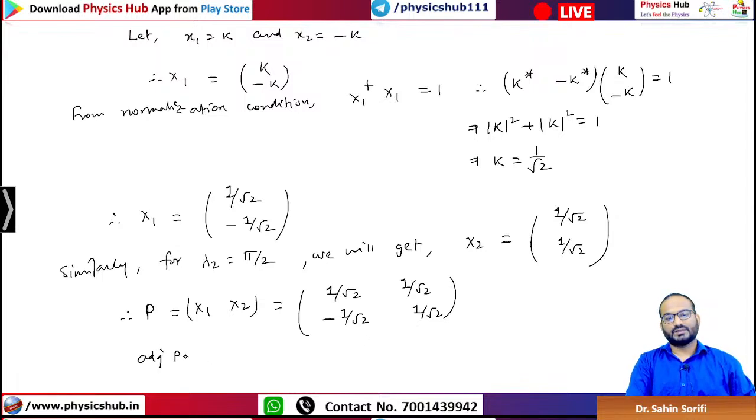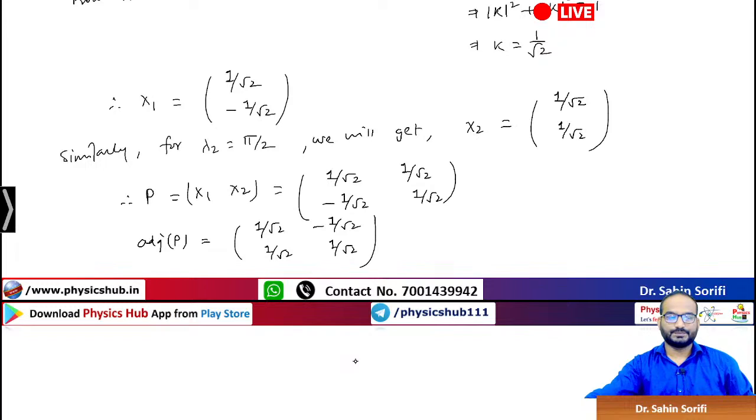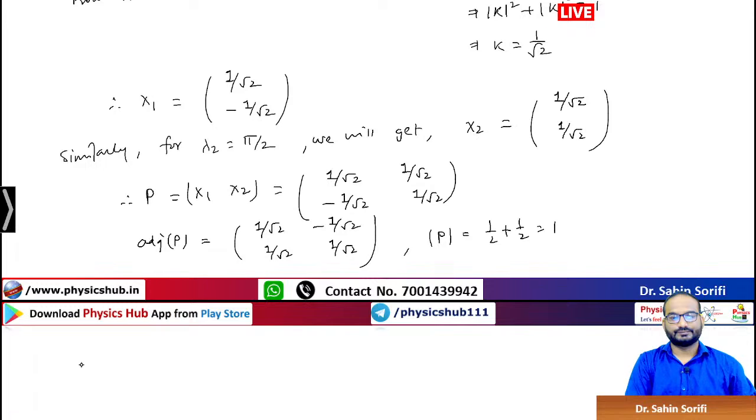Adjoint of P, let us say, we are going to calculate P inverse. It is 1 by root 2, minus 1 by root 2, plus 1 by root 2, plus 1 by root 2. Cofactor transpose. And if you calculate the determinant of P, it is half plus half, 1, no issue.